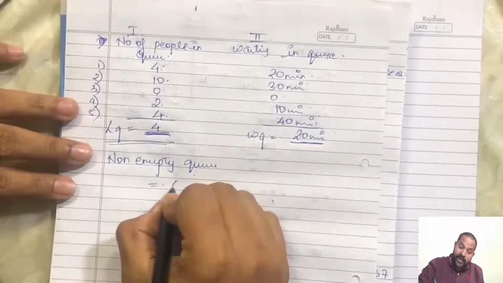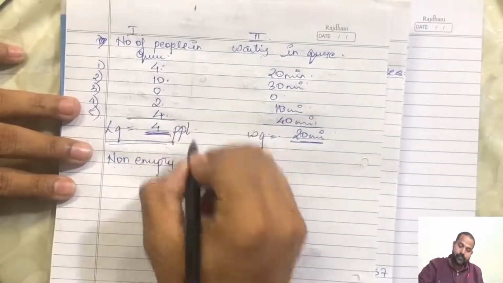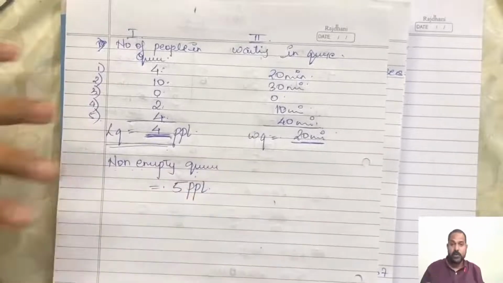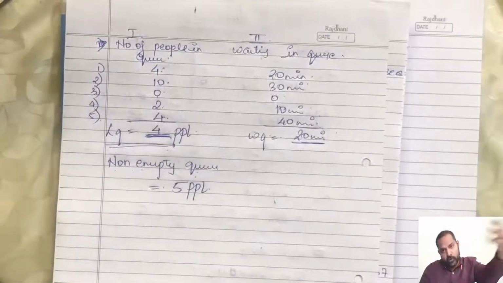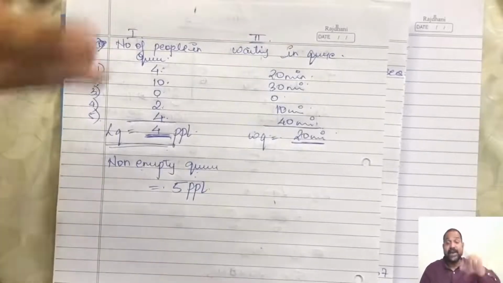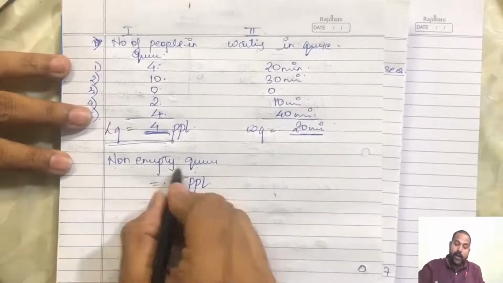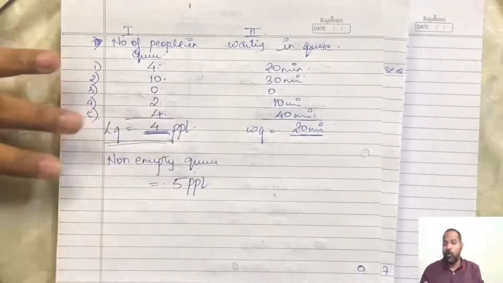So that will be 20 by 4, which is 5 people. So in general, 0 queue will also be considered a queue, and I will consider that as a reading and take an average and divide it amongst that 0 also. But when you ask me non-empty queue, that empty queue I will not consider.